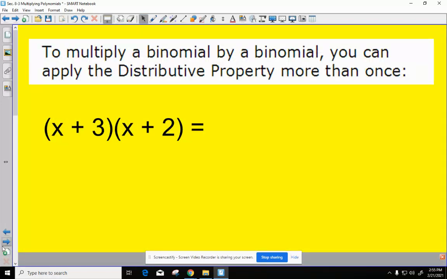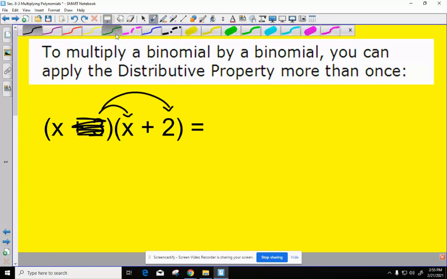All right, I don't think there's anybody in this room, if we would take this x right here, if we'd cover it up, okay, everybody in here could distribute the 3 to the x and the 3 to the 2, right? We could all do this, we could all do that, okay? Conversely, we took this away and we covered this one up.